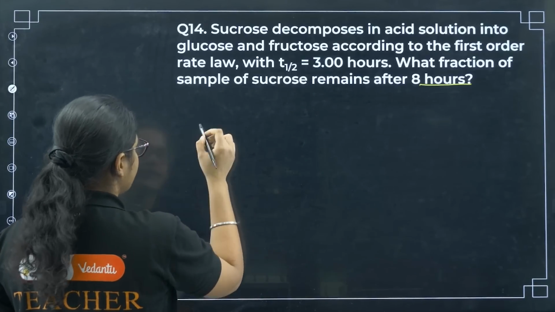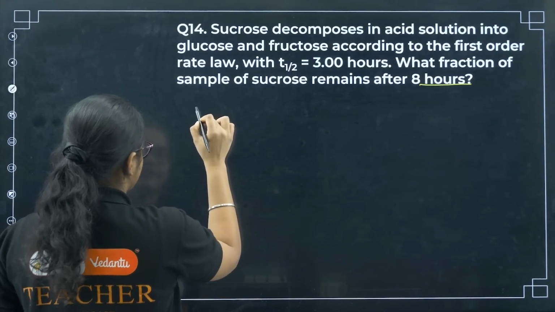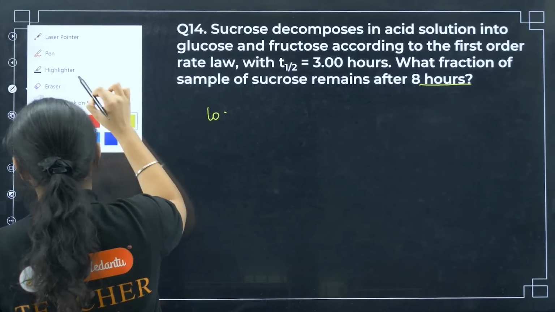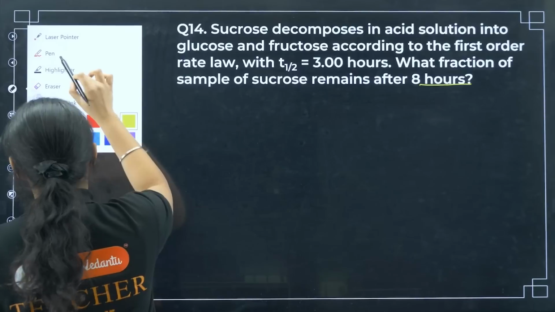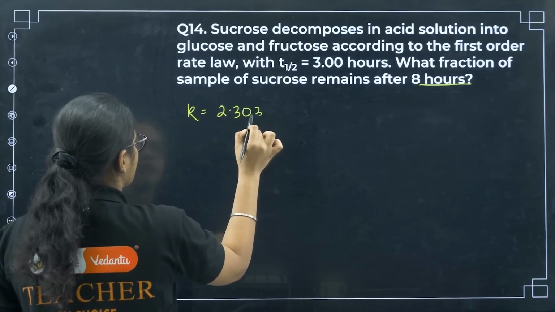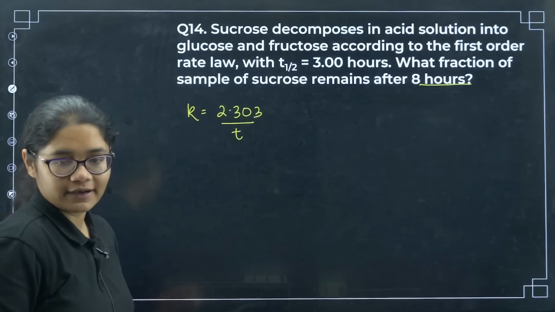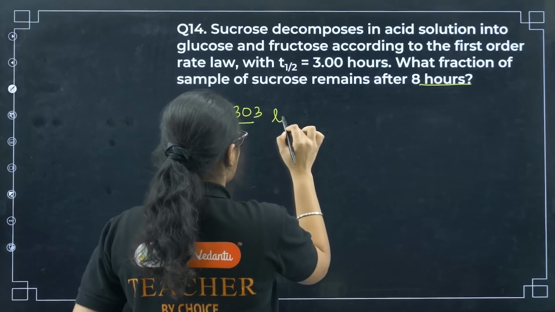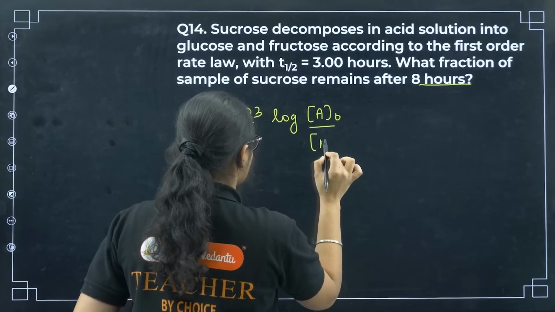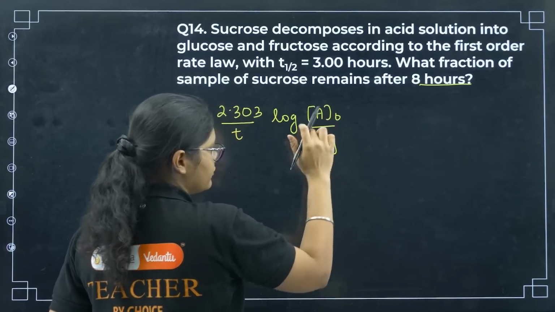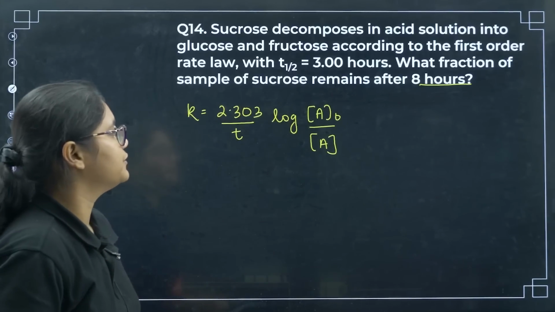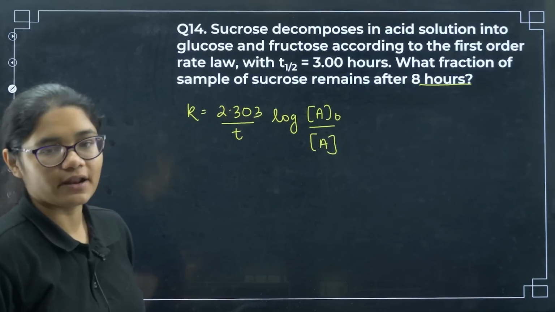See, this is there, right, K equal to 2.303 divided by T into log of A naught by A. So first I have to find out this value and then reverse it to get the fraction of molecules which remains after 8 hours.